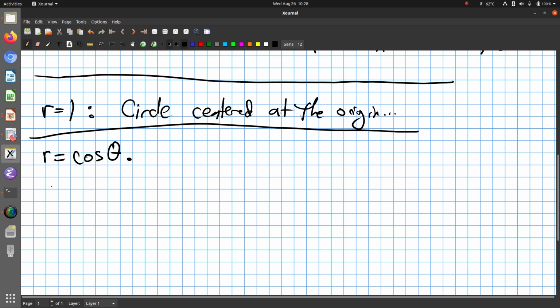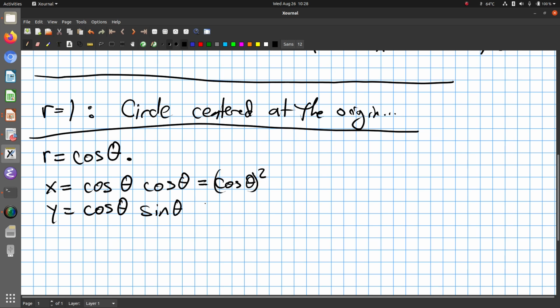Well, let's write it out in rectangular coordinates. Where the r is being substituted into the formula. Okay, well this first one is cosine theta squared. This second one is 1/2 sine 2 theta.